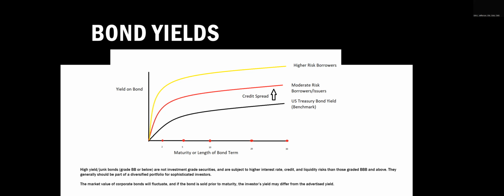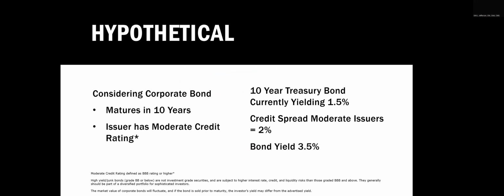So I want to do a hypothetical example here. Let's say you're considering investing in a corporate bond that matures 10 years from now, and that issuer has a moderate credit risk. So if we go to the current yield curve, we see that the 10-year Treasury bond, hypothetically speaking, is yielding 1.5%.